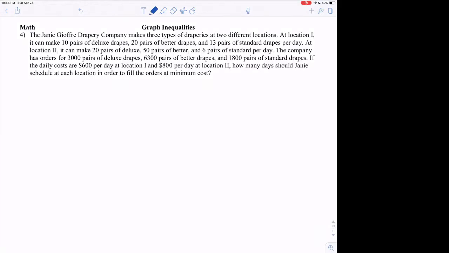Okay, now we have another example of word problems. So we are going to let x equal location 1 and y equal location 2.